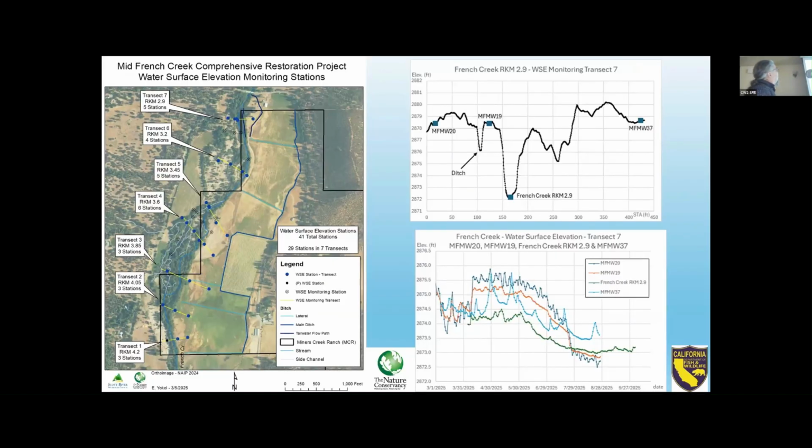And then finally, on the water surface elevation, here's another example from that Mid-French Creek project, where we were really interested because TNC, who owns the property to the east of French Creek on this map, was really interested in expanding the floodplain, expanding the channel of French Creek into that area.